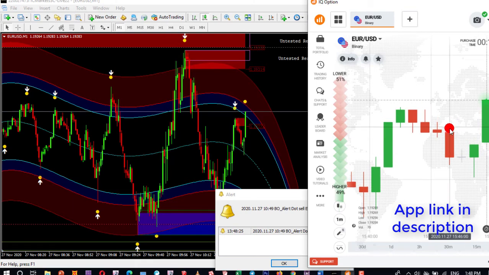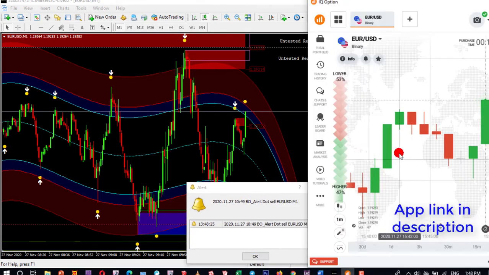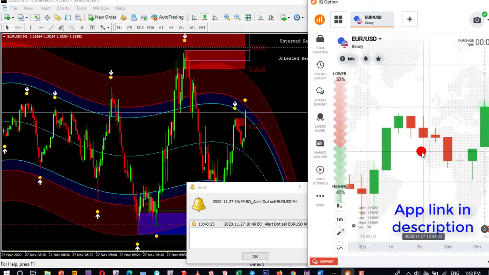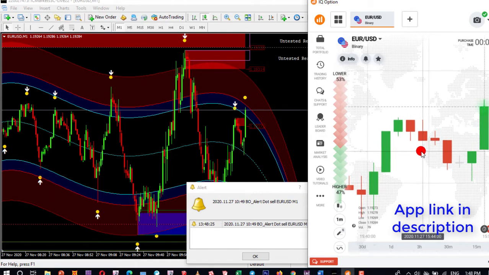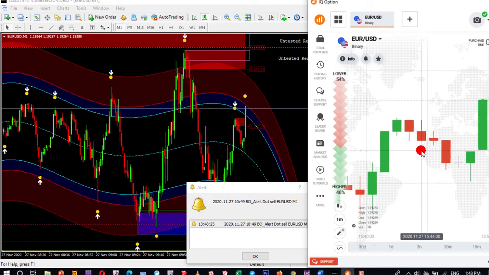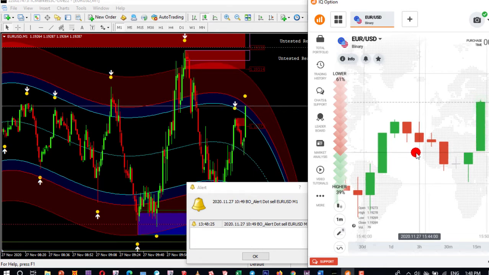The graph is the same, and you can also use OLM Trade, Expert Option, Pocket Option, and IQ Option. All are the same, and these brokers provide a platform for forex and also for binary options.